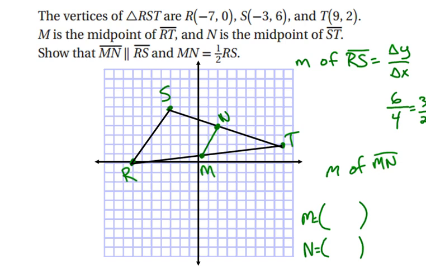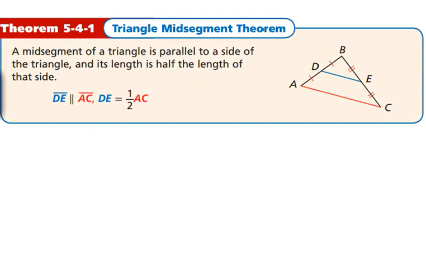So you have the slope of one, compare it to the slope of the other, and then for the 1/2 the measure, you need the distance formula, you need the midpoint formula. But a coordinate proof, or a coordinate work-through, works quite well on a problem like this. So you will find, if you did work through that, that the midsegment of a triangle is parallel to a side of the triangle, and it's 1/2 the length of that side.